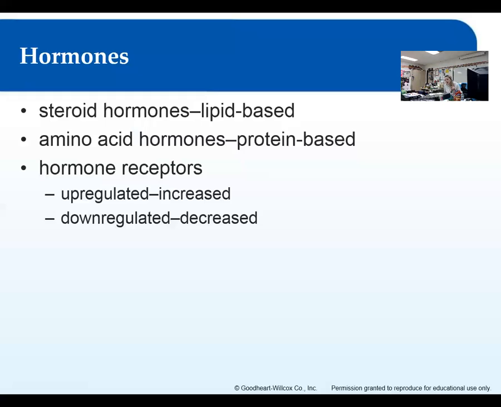However, it says obesity downregulates insulin receptors so that more insulin must be present to promote glucose uptake by cells. Hence the reason why you have people with type 2 diabetes. So obesity is a risk for type 2 diabetes, which is where they can't produce enough insulin that they actually need. These two glucose uptake scenarios have important implications for diabetics, again, particularly those who are overweight, like my example.